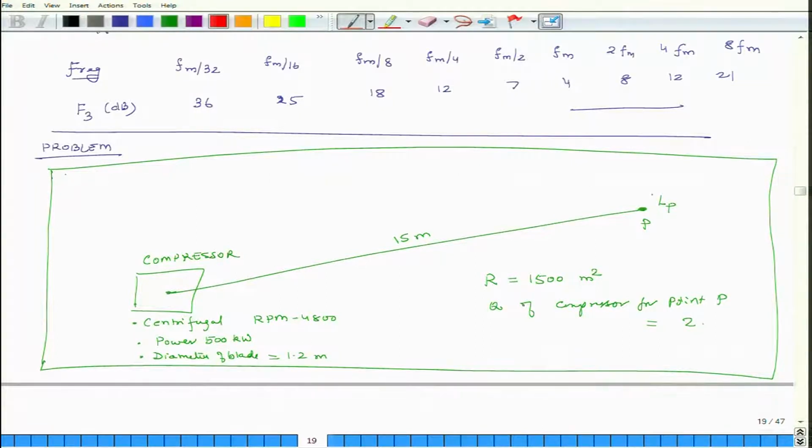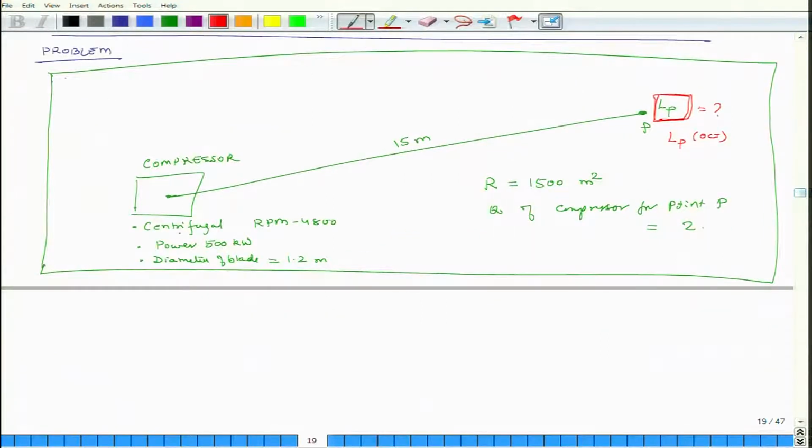So, the question is that with all this information, please find out what is the sound pressure level at this location LP. The other thing is, please find out also for each octave band what is the sound pressure level. Once again you have a centrifugal compressor running at 4800 RPM, power is 500 kilowatts.